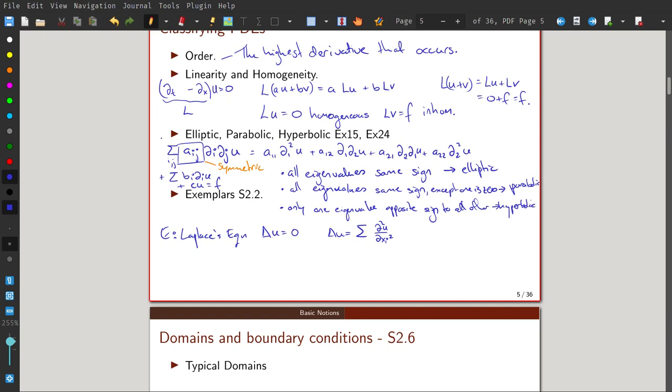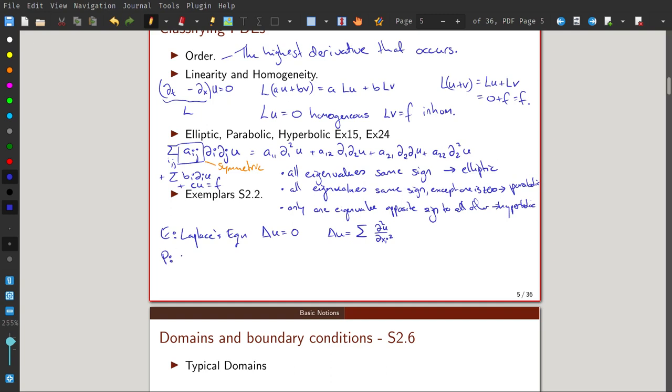So if you think about the corresponding matrix here, we just have the identity matrix because there are no mixed partial derivatives. They're all pure second partial derivatives. And so the identity matrix, the eigenvalues are all 1. They all have the same sign. It's elliptic.